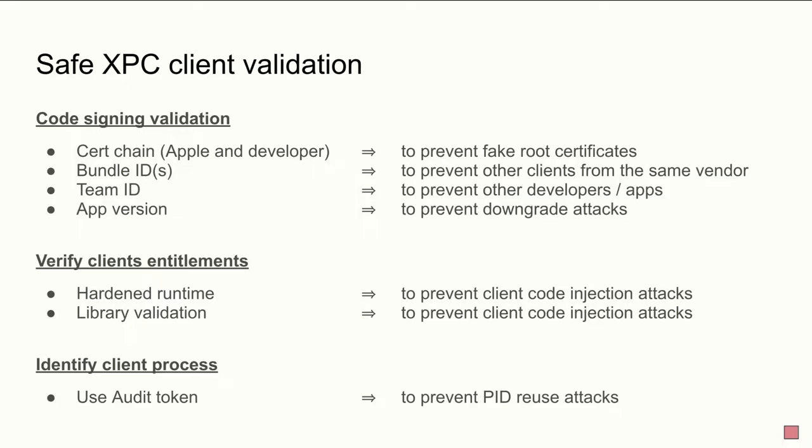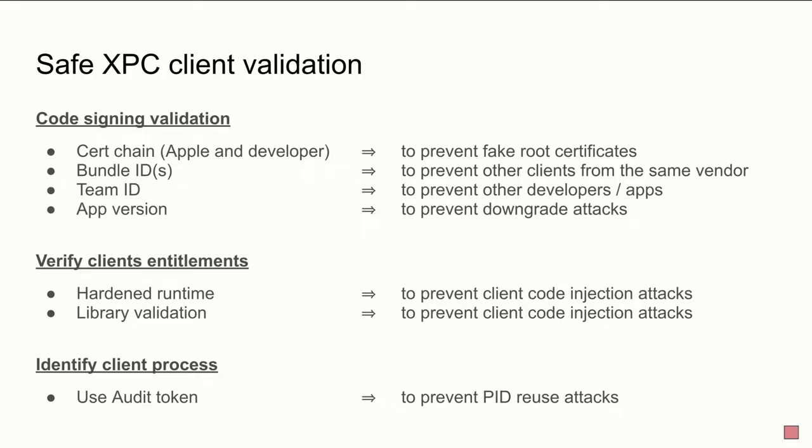Because if not, I can just use a fake root certificate and impersonate anything else. Then I need to check the bundle ID of the connecting client because I only want my application connecting to the service. I also need to check the team ID, because anyone can get a developer ID, and anyone can fake a bundle ID, and then anyone can connect to the service.